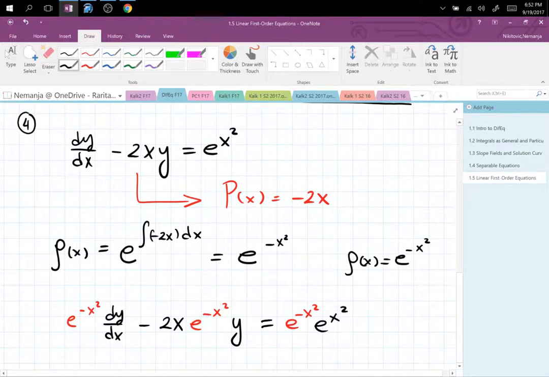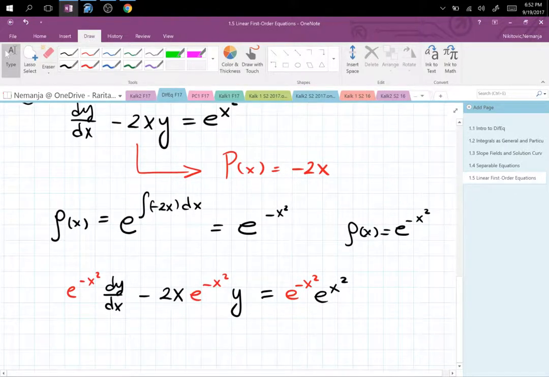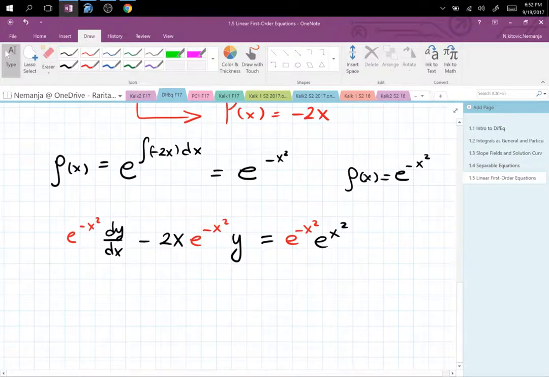So I multiplied this integrating factor throughout, and now we are looking at the formula.